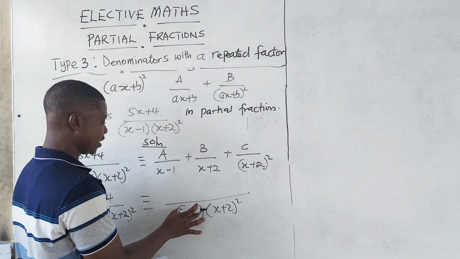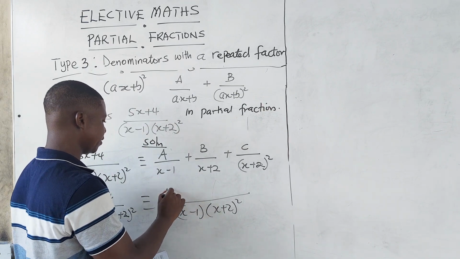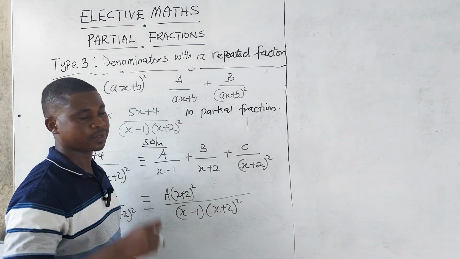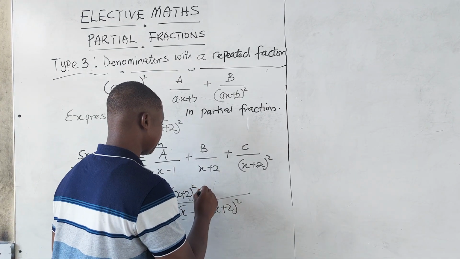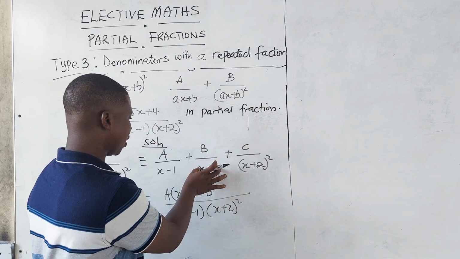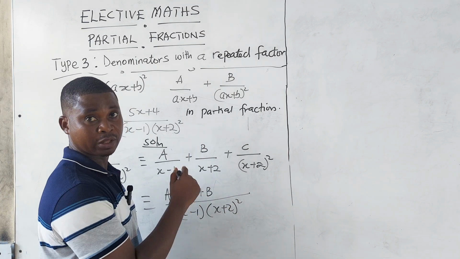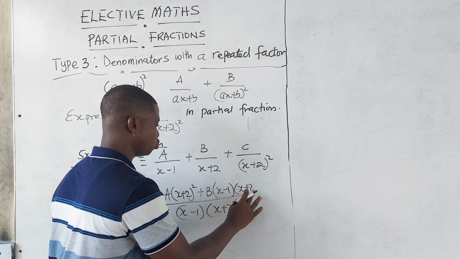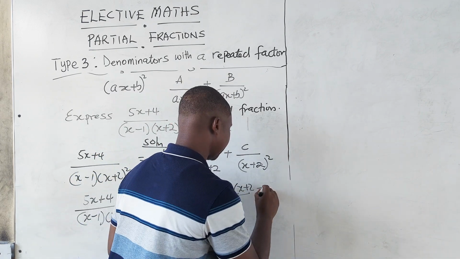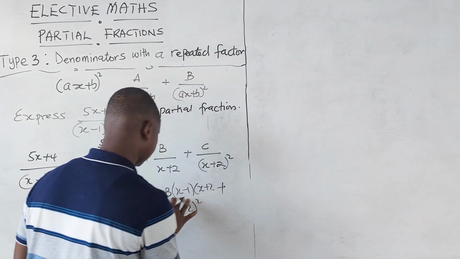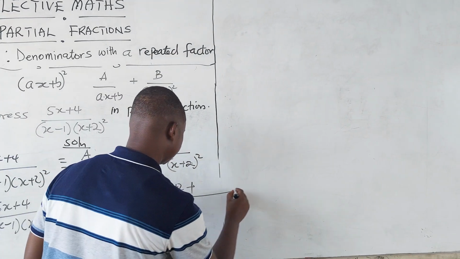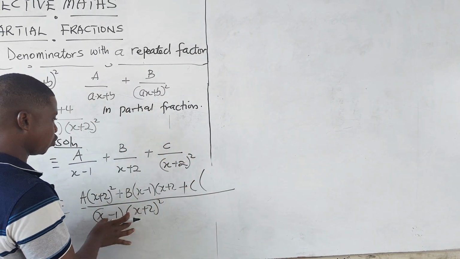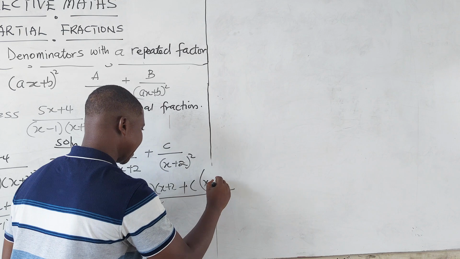So 5x + 4 over (x - 1)(x + 2) all squared is equivalent to: this one goes here, this one will cancel, as we have A into bracket (x + 2) all squared, plus B. One of them will cancel because it's the same thing, so it's left with one of them. So we have (x - 1)(x + 2), plus C into bracket. This will cancel that, so C into bracket (x - 1).